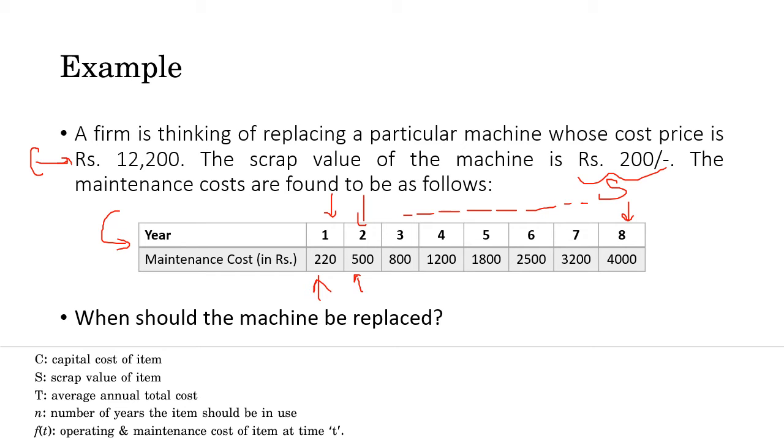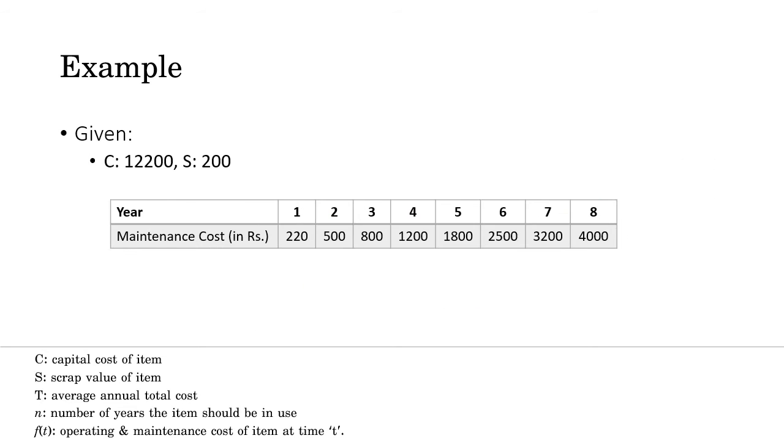Okay, so as you can see that the maintenance costs go on increasing every year. And then this firm is considering this question that when it should replace this machine. So this is the given data, the capital cost of the machine and the scrap value of the machine, and then we have the maintenance cost every year.